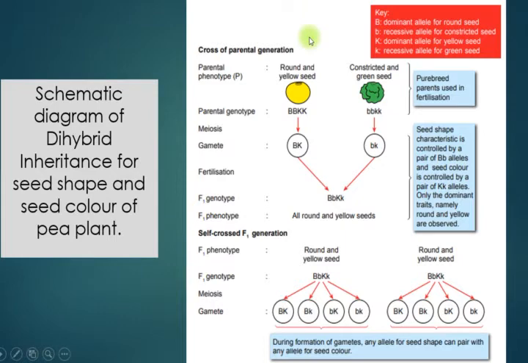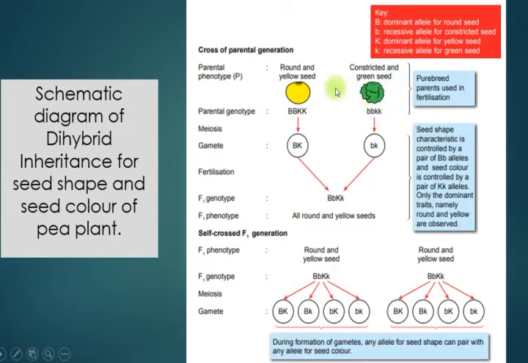This refers to the dihybrid cross between the two purebred plants, one with a pair of homozygous dominant alleles and the other purebred plant with homozygous recessive alleles.